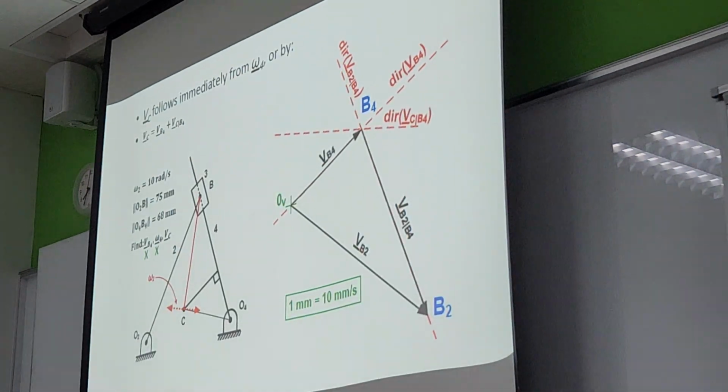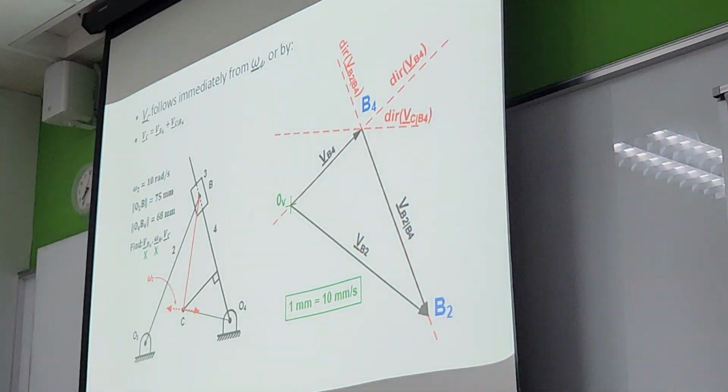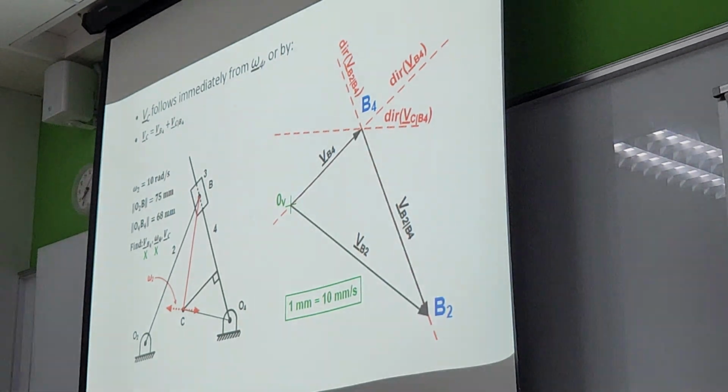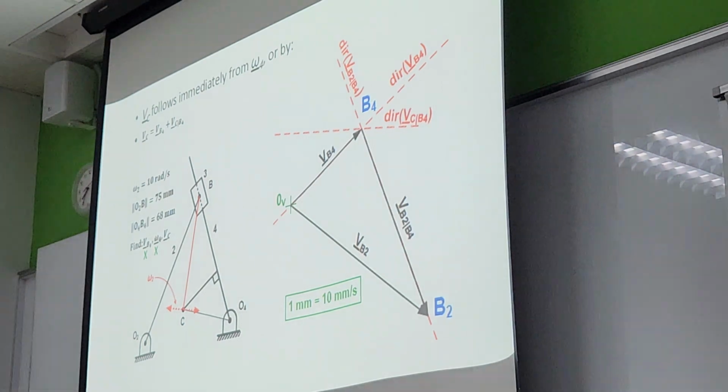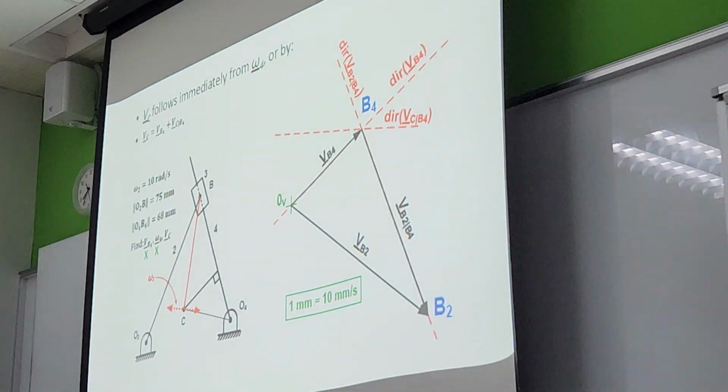Always we start with 2 points. We write the relative velocity equation, we draw the polygons, and we try to find all the unknowns, mainly the directions and magnitudes. Once we have the complete information for 2 points, then we can connect these 2 points to any other point on the link.